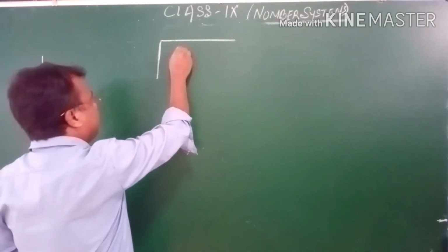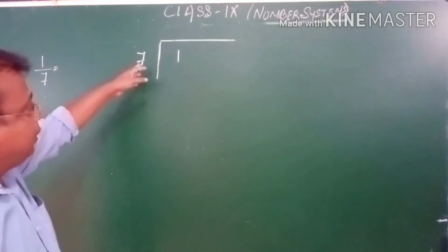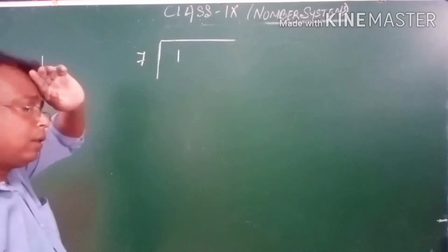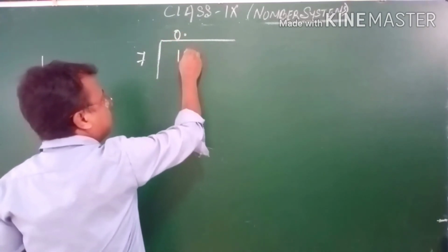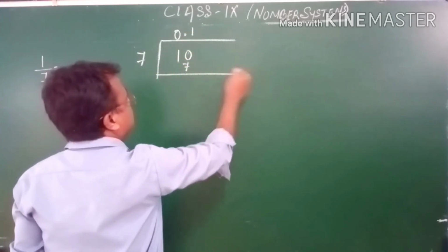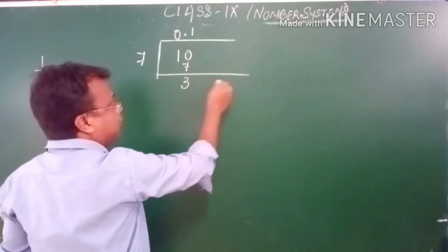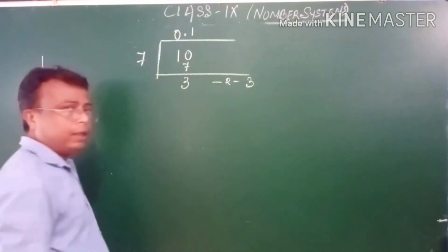So it is 1 divided by 7. The dividend is less than the divisor, so you put a decimal here and a 0. 7 1s are 7, so 10 minus 7 is 3. Every time, note down the remainder. The remainder I got is 3.